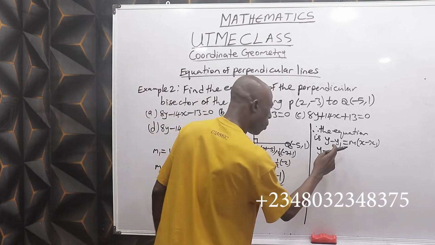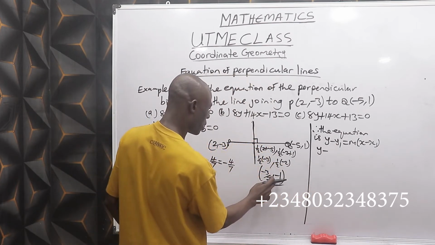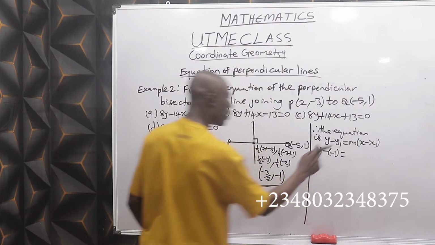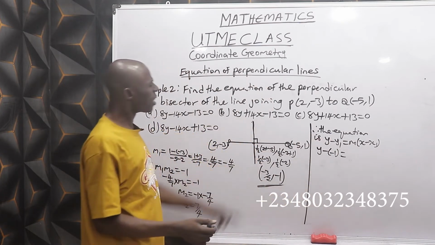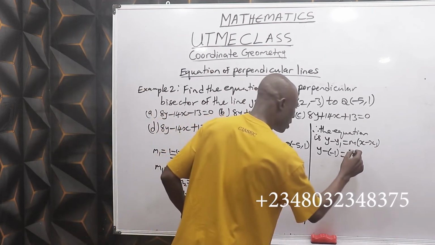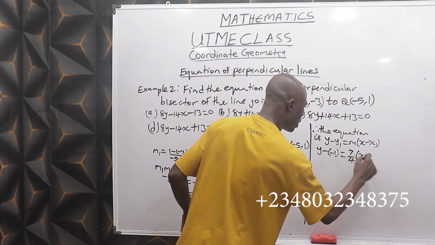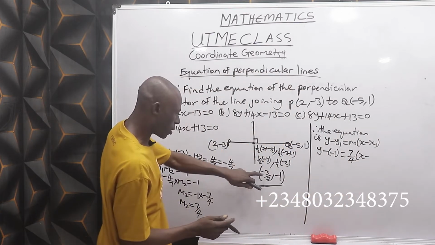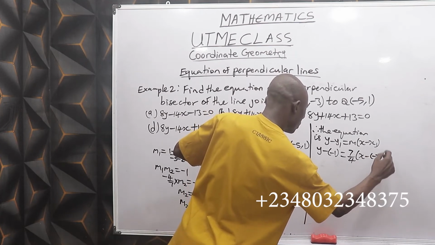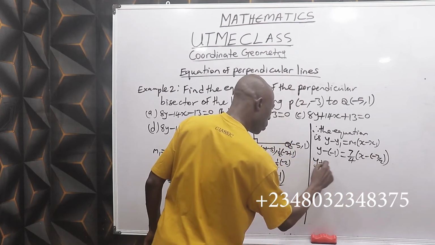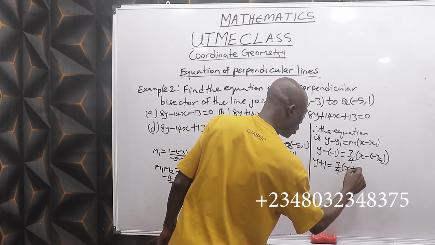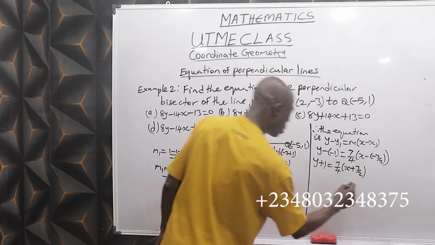So, y1 is -1, equals m. That m is the gradient of the perpendicular. So that is 7/4 into x minus x1, which is minus 3/2. Y plus 1 equals 7/4 into x plus 3/2.